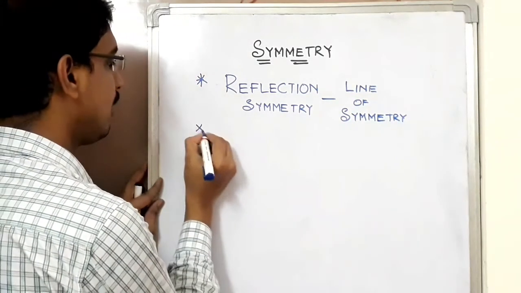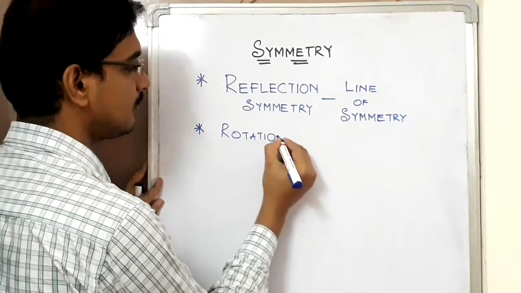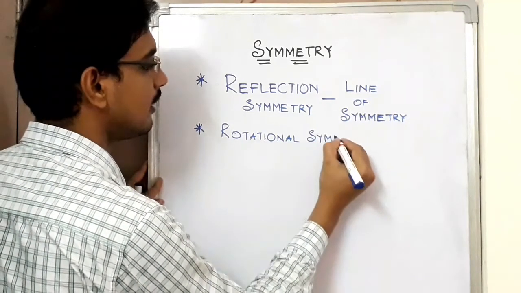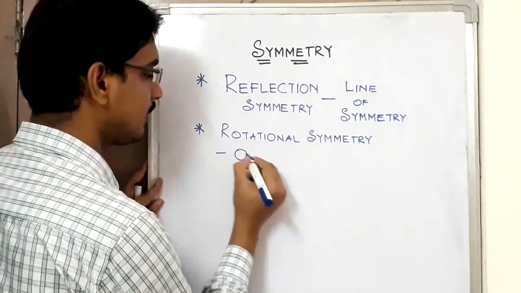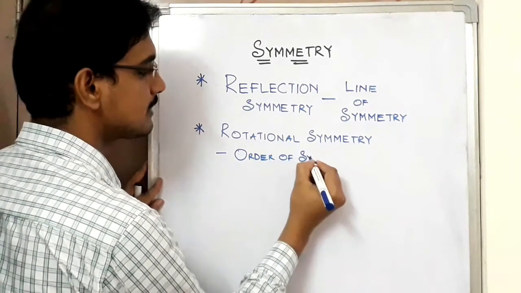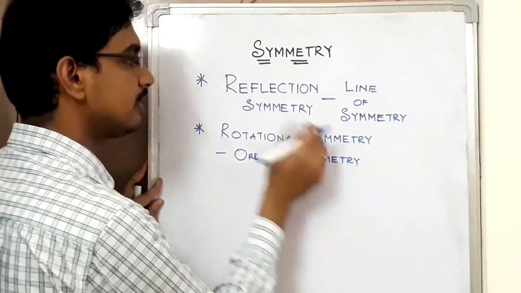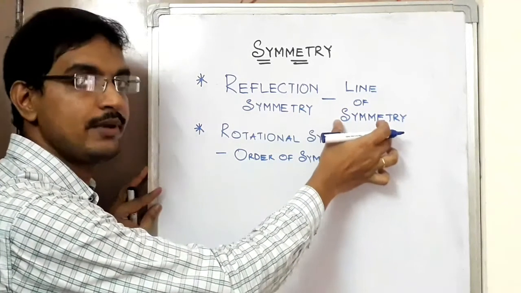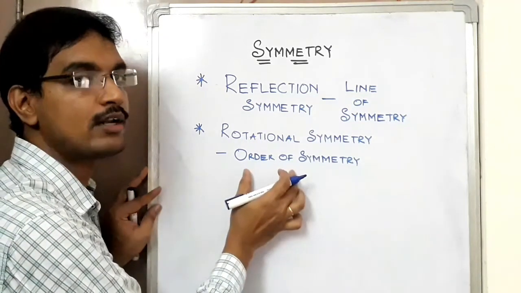Then you will have rotational symmetry. In this you will have the topic of order of symmetry. So in reflection symmetry, the internal concept is based on line of symmetry, and in rotational symmetry, the concept revolves around order of symmetry.